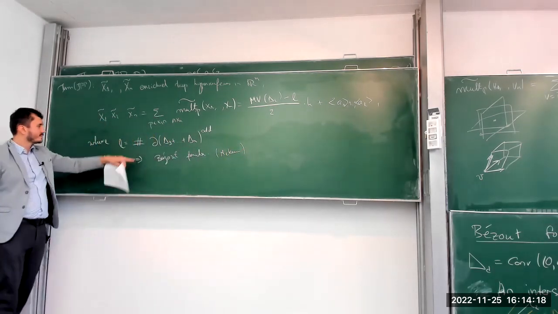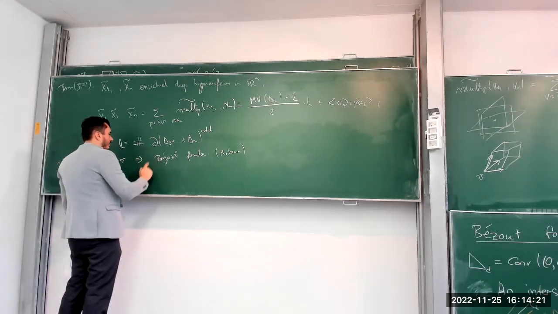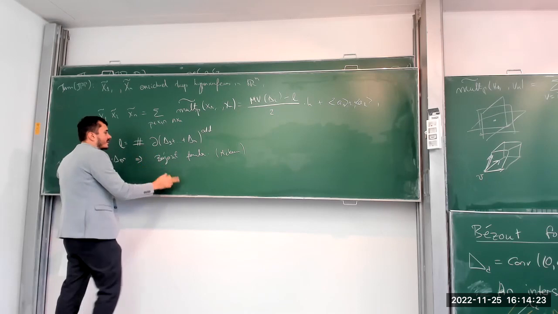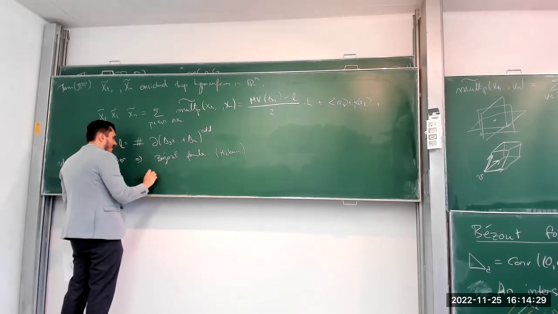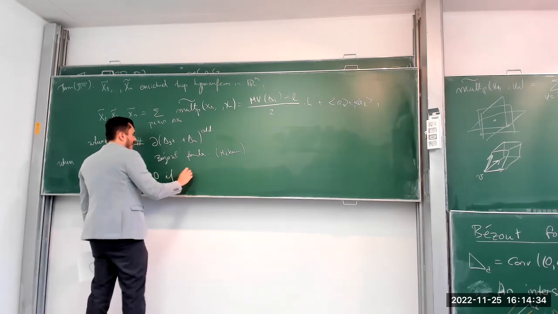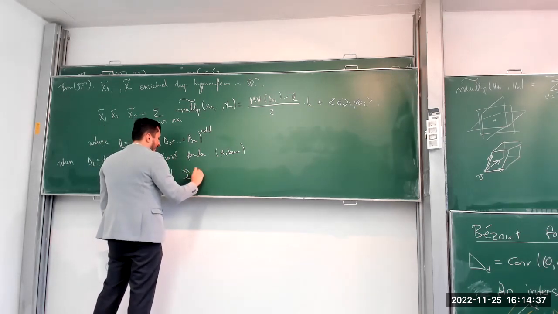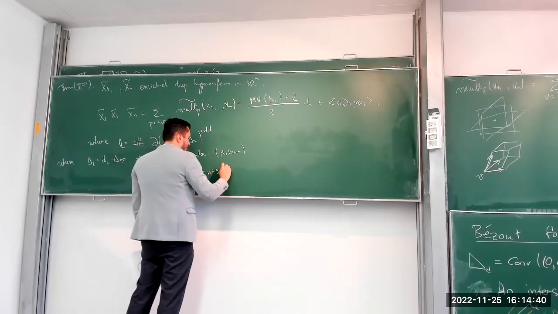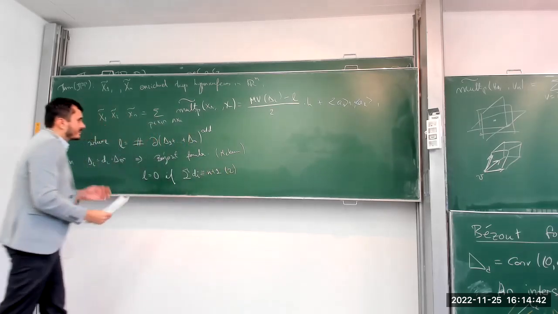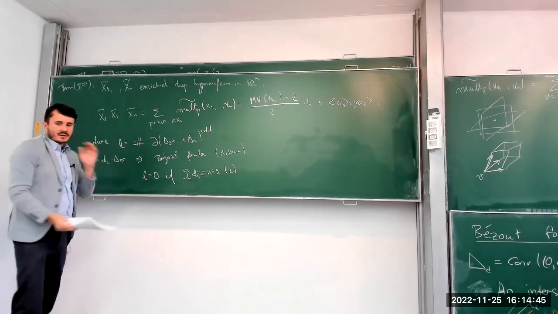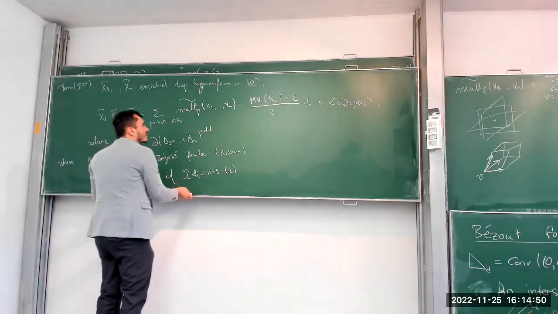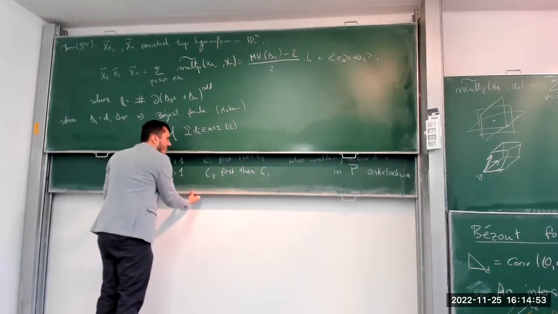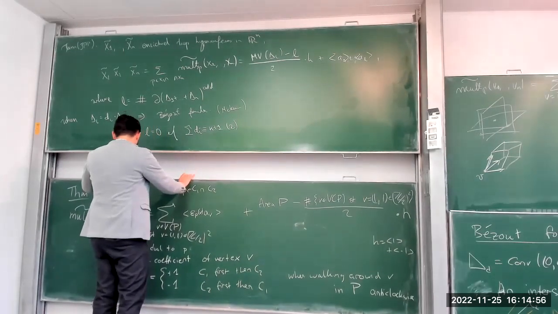And if we try to calculate this, well, the formula is only for orientable cases, so this is going to be odd. So L is going to be 0 if I have that the sum of the i's is even. Right. So let me give a proof of this for the case of curves.